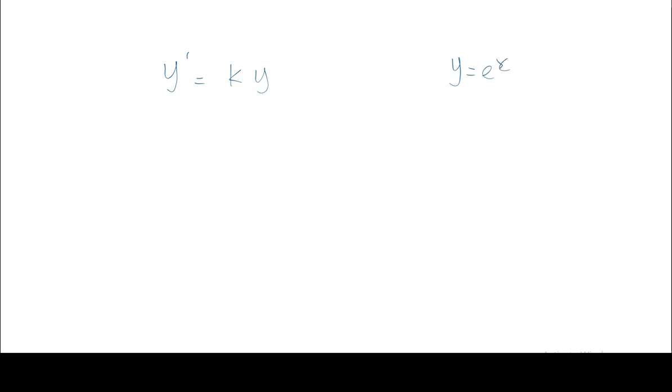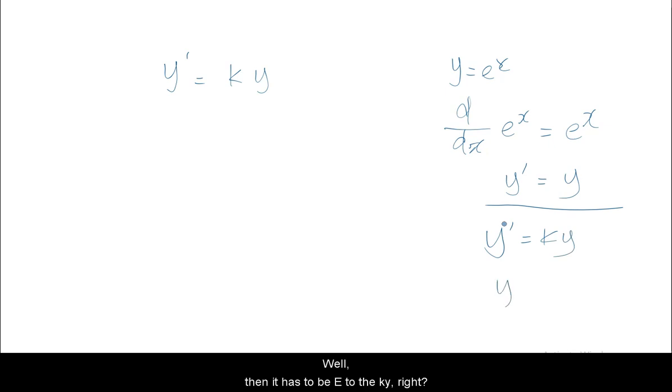right? The derivative of e to the x is e to the x, which is the derivative of y is equal to y itself. Okay, what about ky? Well, then it has to be e to the ky, right?